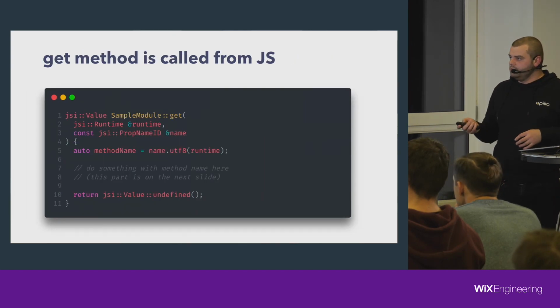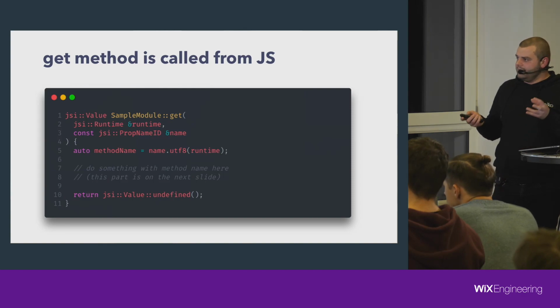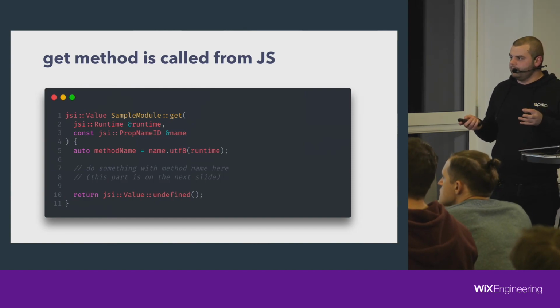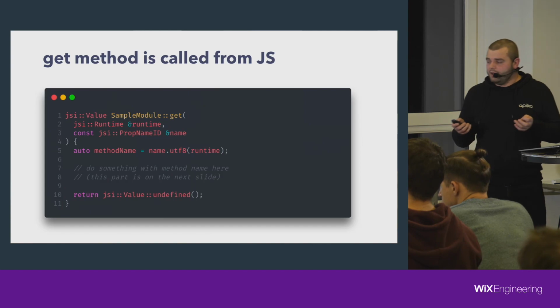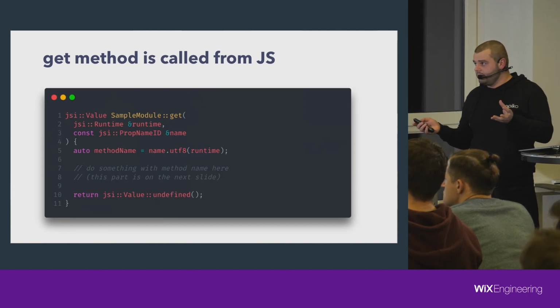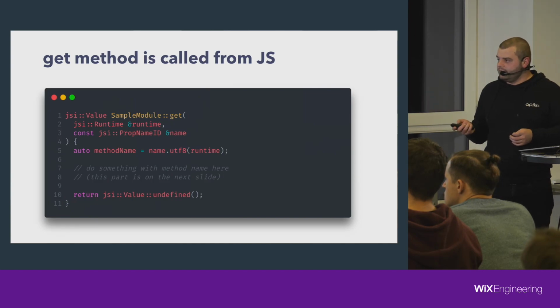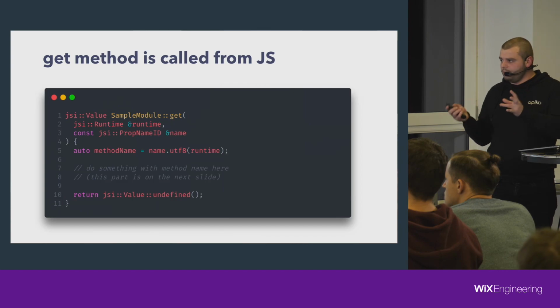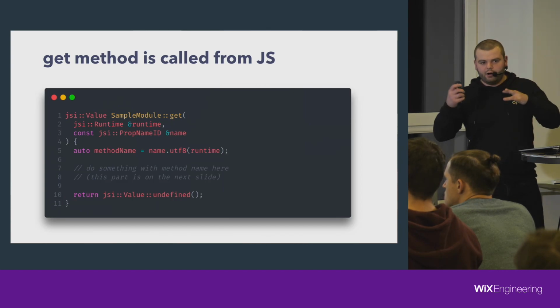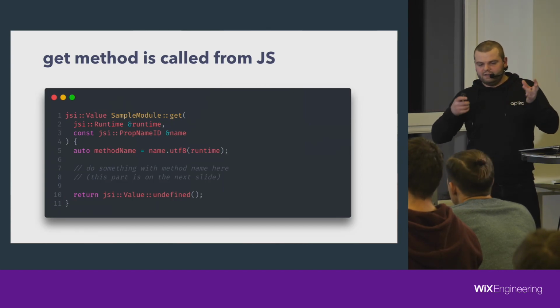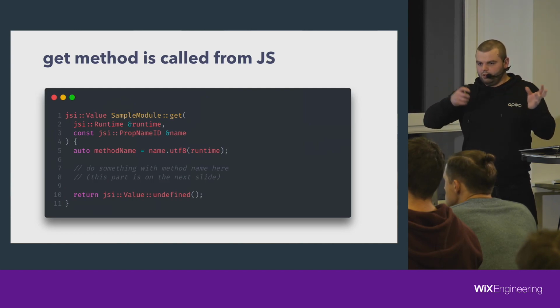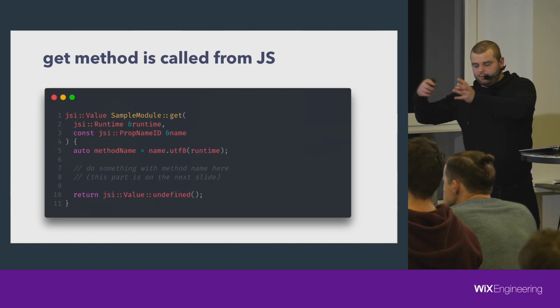You also need to create a get method on your sample module. It's just a regular public method, and it accepts the runtime and also the prop name. That prop name is the property you are going to call on the native module, from global dot native module name dot some property.